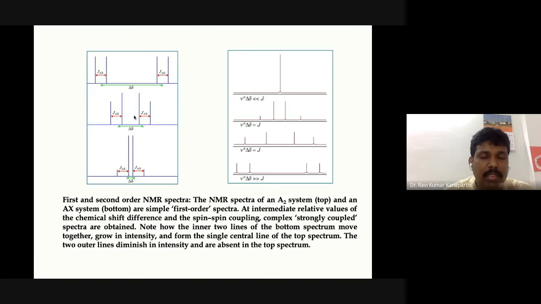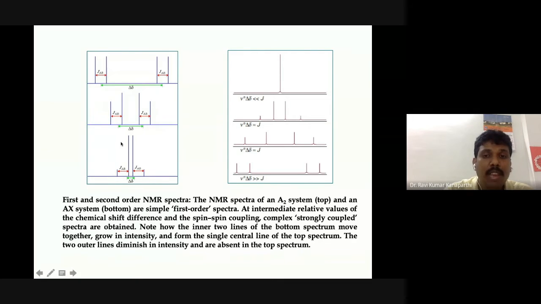Of course, the intensity is slightly different, but at a glance you will say these are like a quartet, but actually these are doublets. At intermediate separations, as compared to the scalar coupling constant J, normally what we see is the second order spectrum. If you decrease even further, the intensity of the outer lines will reduce further, and the intensity of the inner lines increases.